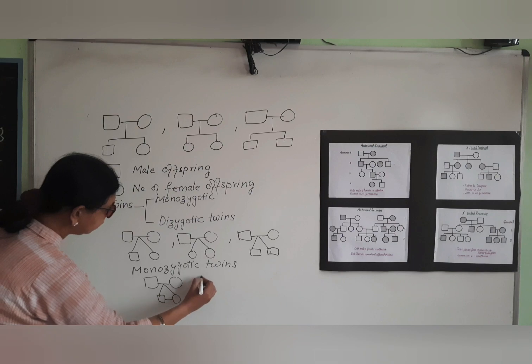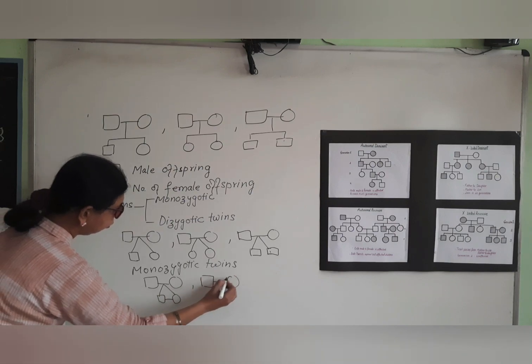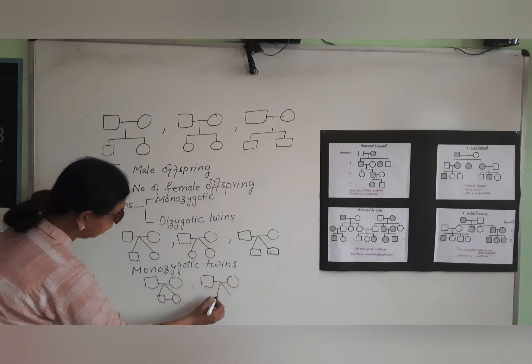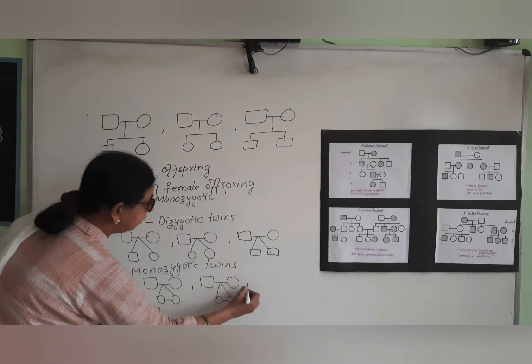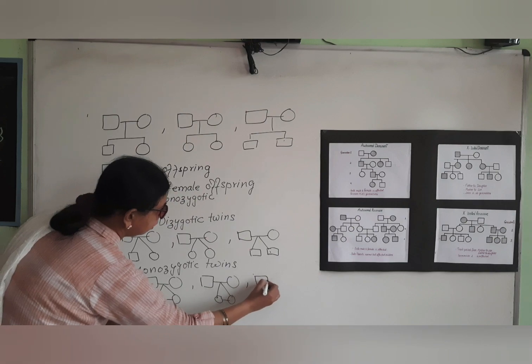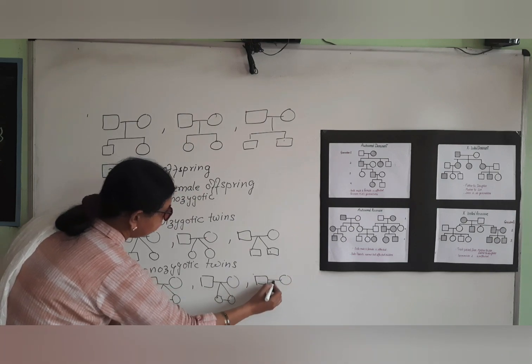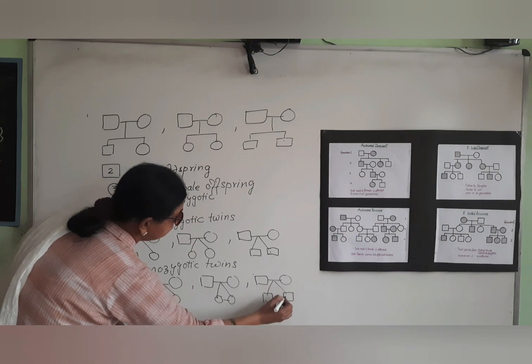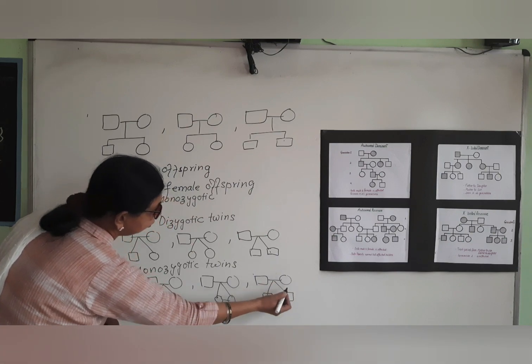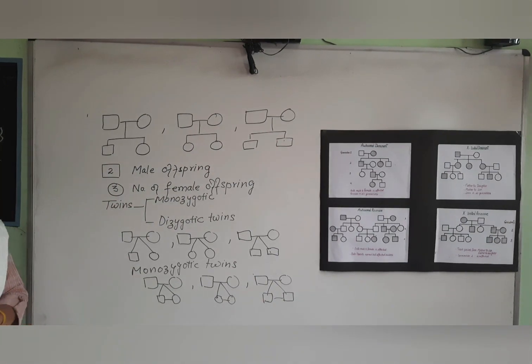Similarly, in the second case, both the offspring are interconnected because they are formed from a single zygote. In the third case, again the symbols are interconnected, as a result of which a triangle is formed.